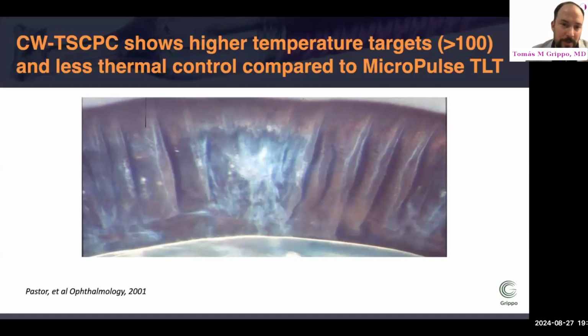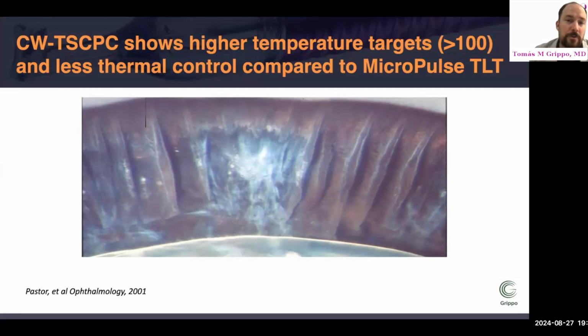As we were mentioning on the computer modeling with the temperatures, the much higher temperatures that you would reach with the traditional CPC, here you can see an example of the scarring that you get after a traditional CPC, right? You get very high temperature that causes necrosis, scarring, and this picture is the product of that.